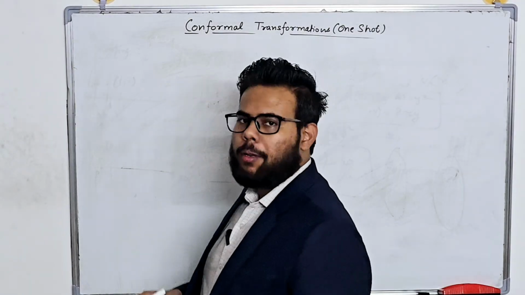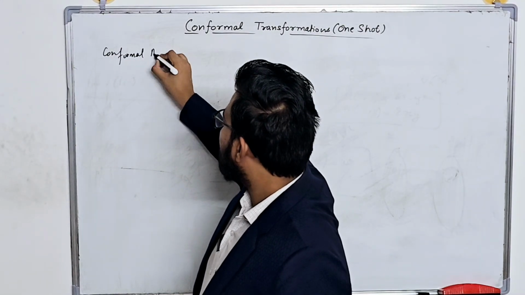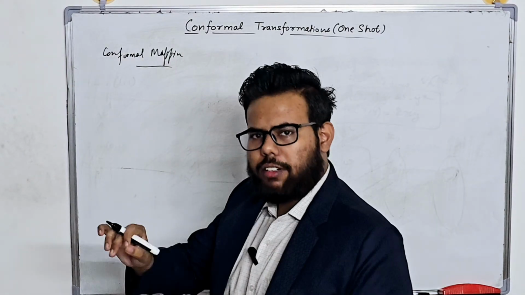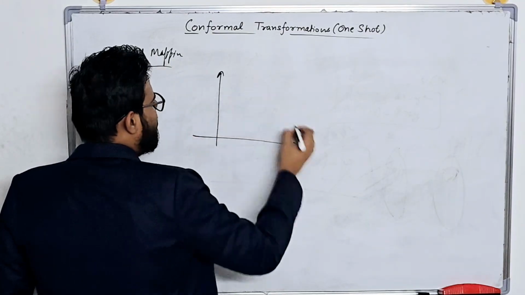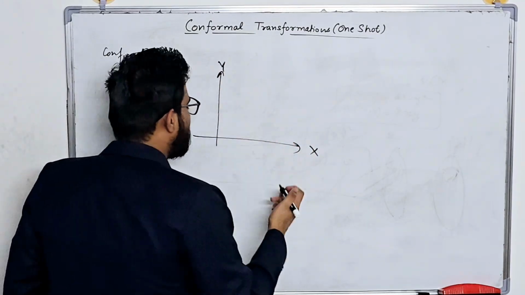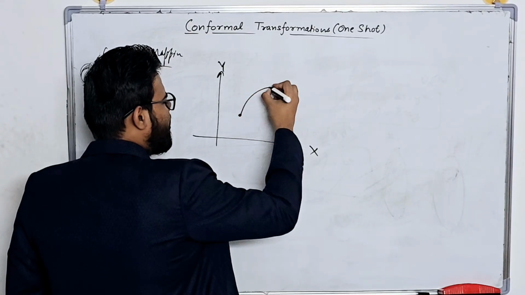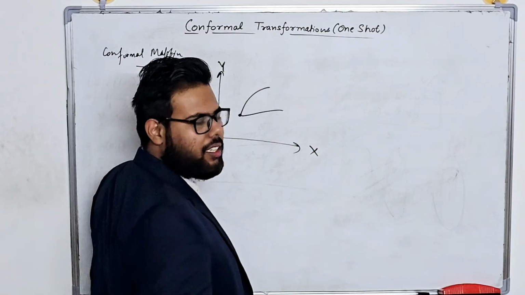Now let's define conformal mapping, right? Conformal mapping. So let me define it in very simple words. For example, if you have a curve like this, in the z plane you have two curves starting from this point. Suppose it goes like this maybe, or the other one goes something like this, whatever it may be.